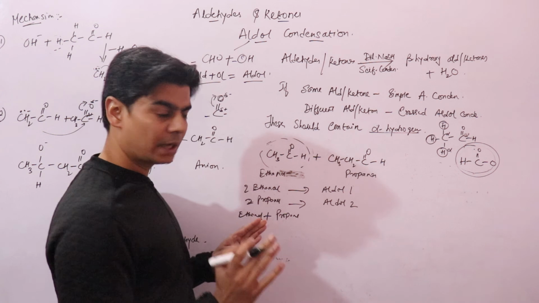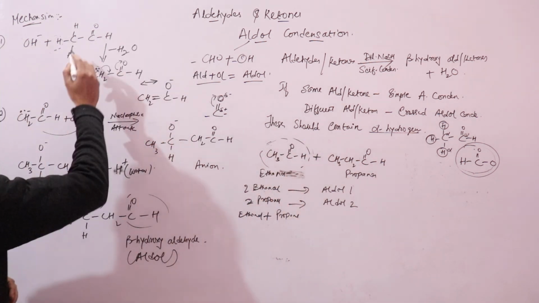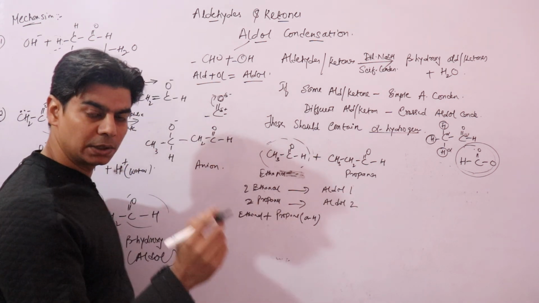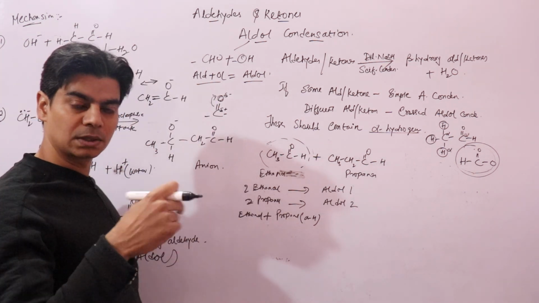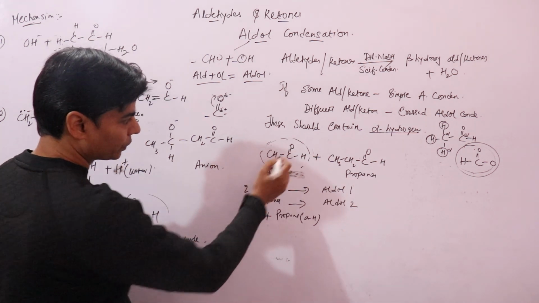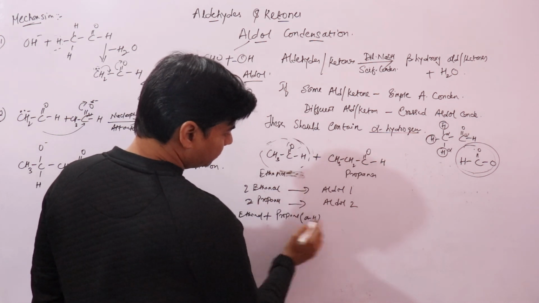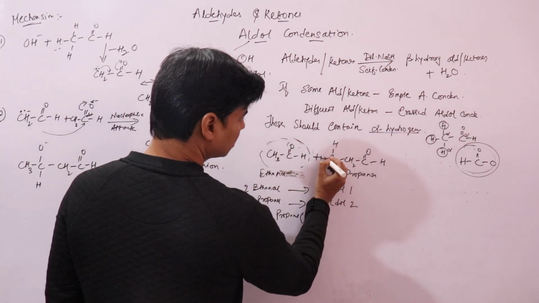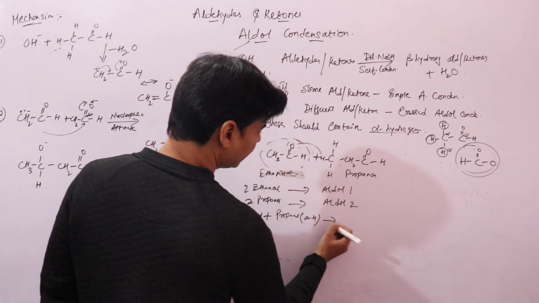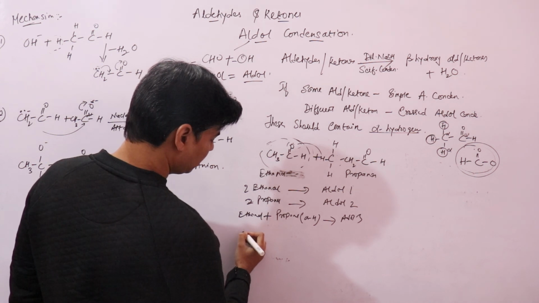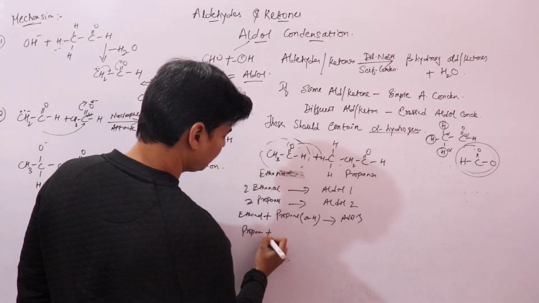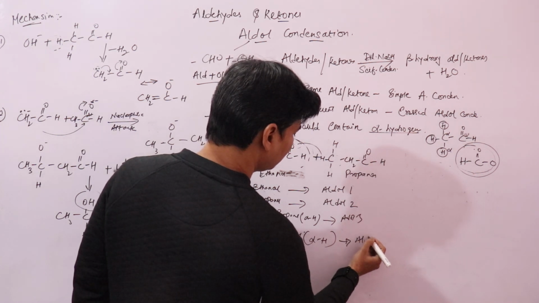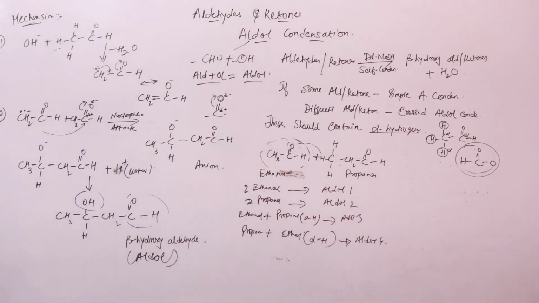In this reaction, the alpha hydrogen will come from propanal, and that will go to the oxygen of the carbonyl carbon of this ethanal. So as I said, the alpha hydrogen from this propanal will come, and if this is like this, it will go to this, and you will get aldol 3. Then the other reaction would be propanal reacting with ethanal. In this case, the alpha hydrogen will come from ethanal, then you will get aldol 4. So you get 4 products in this reaction.